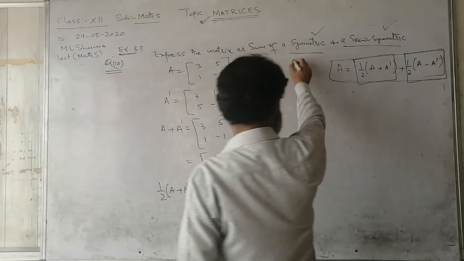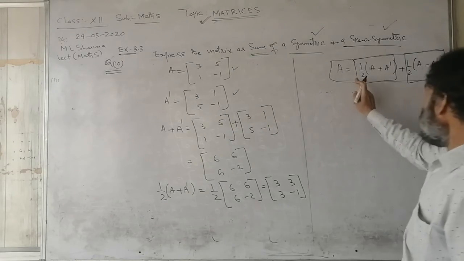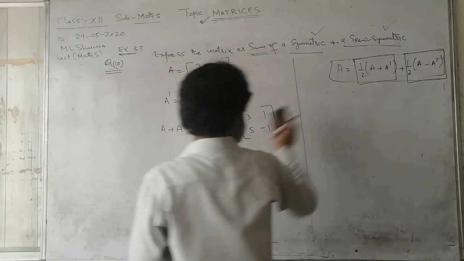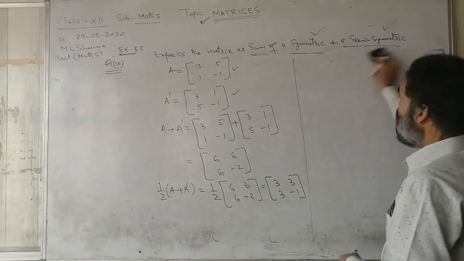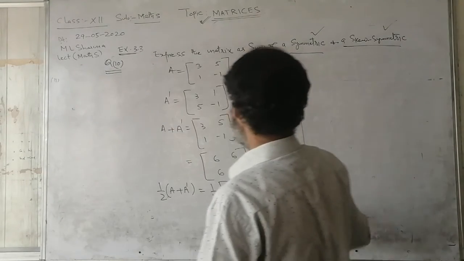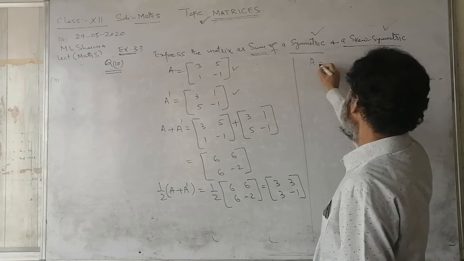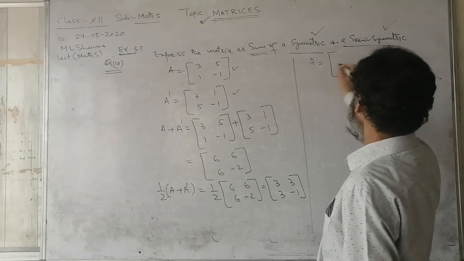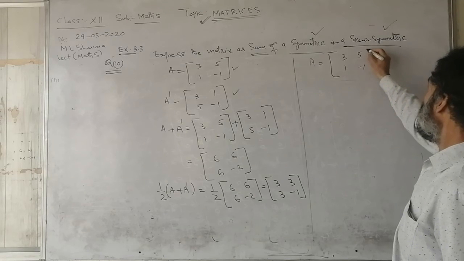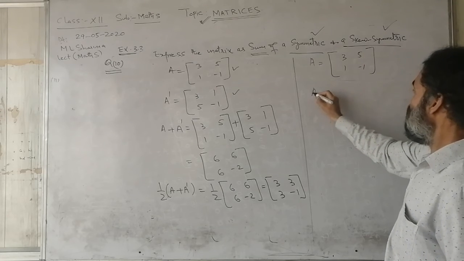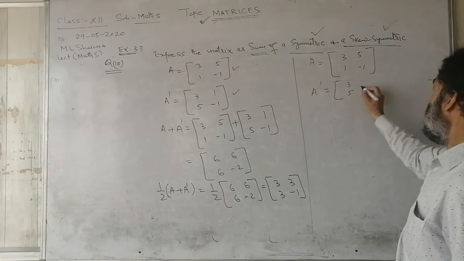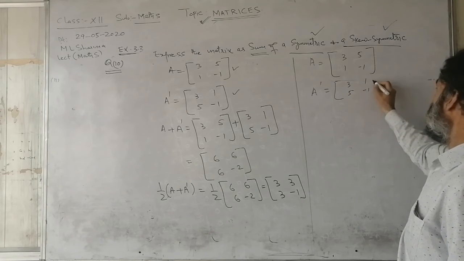In the same way, I can find the value of the skew symmetric matrix. A has 3, 5, 1, minus 1, and its transpose will be 3, 1, 5, minus 1.